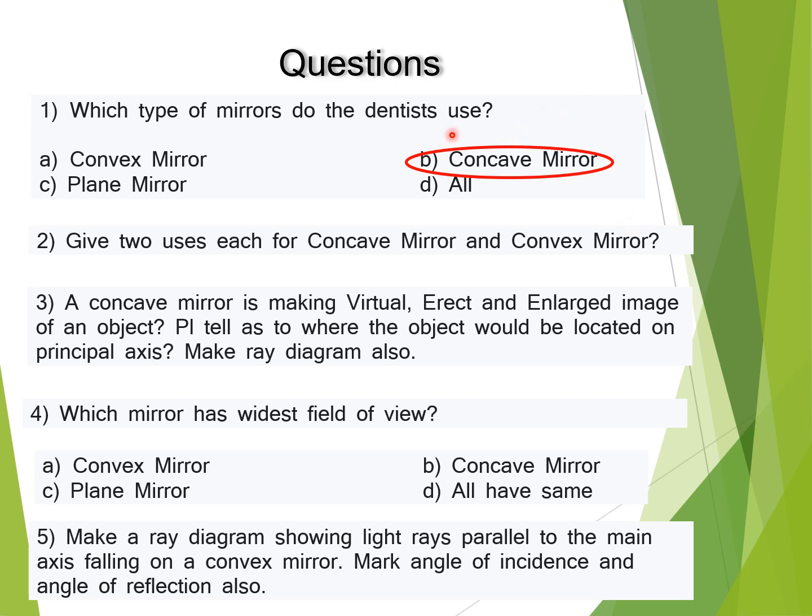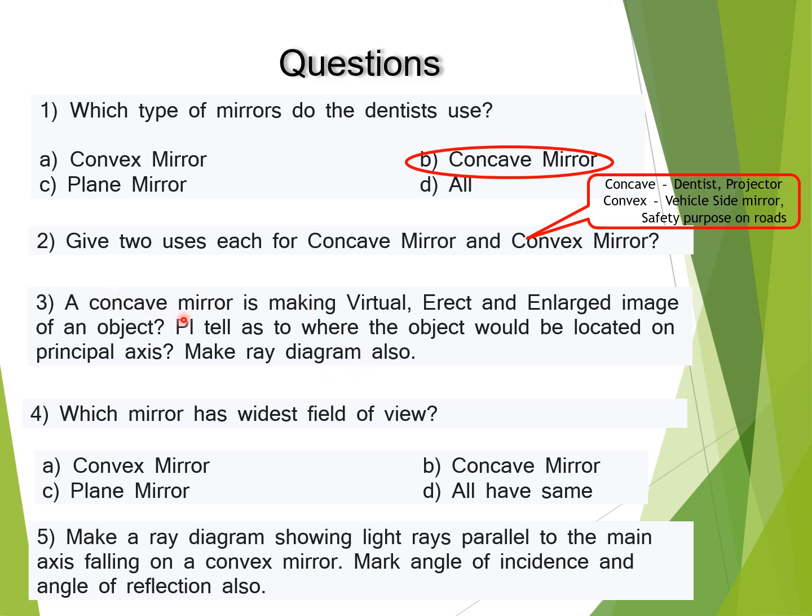So it is for the road safety also the convex mirrors are used. So you can see the concave mirror is dentist and projector, convex mirror, vehicle side mirror, and safety purpose on the road. The third question is, a concave mirror is making virtual, erect and enlarged image of an object. Please tell as to where the object would be located on the principal axis and make ray diagram also.